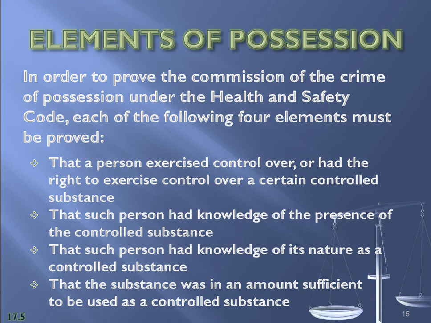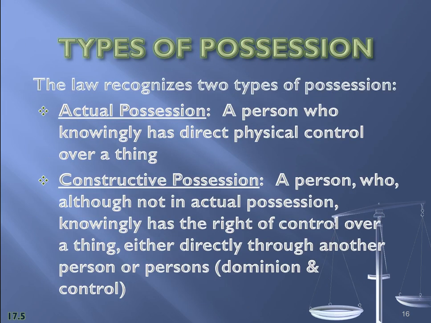Now, remember, just like in burglary and some other crimes, we talked about two types of possession. We talked about actual possession and constructive possession. I think in burglary we used actual and constructive entry, but this is going to be more of the possession thing. So actual possession is where a person knowingly has direct physical control over a thing.